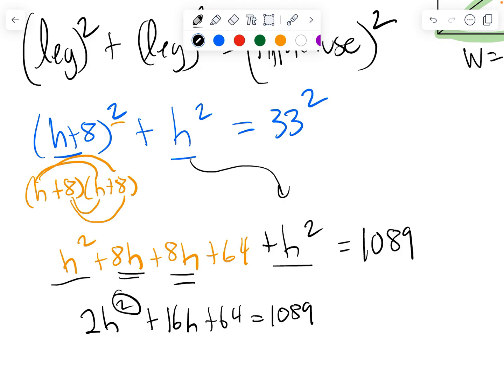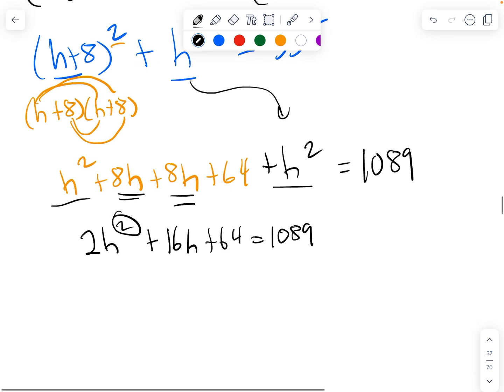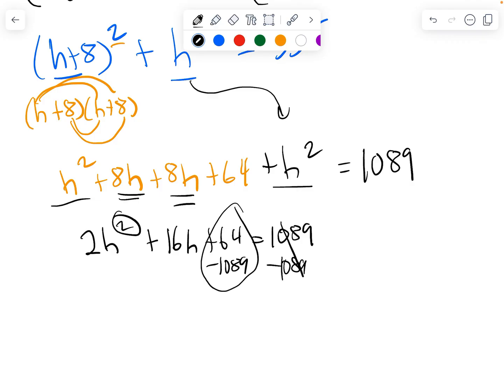Now there's a couple ways we can do it. Solving by completing the square, solving by factoring, solving by quadratic formula, right? Now for all of these, I would recommend, let's just move that 1089 to the other side. All right. Now, because that's a really big number, I would not recommend factoring, nor would I recommend completing the square.